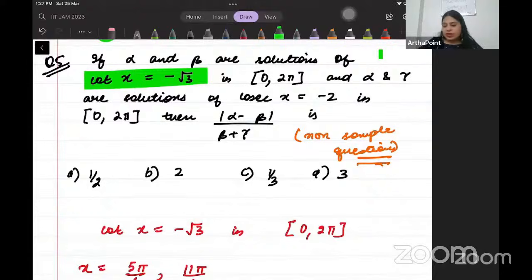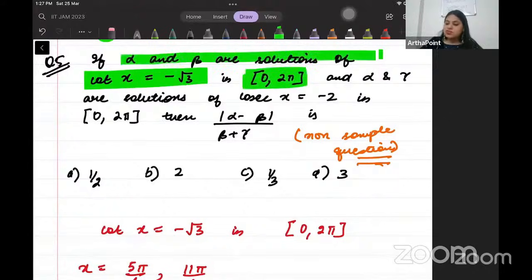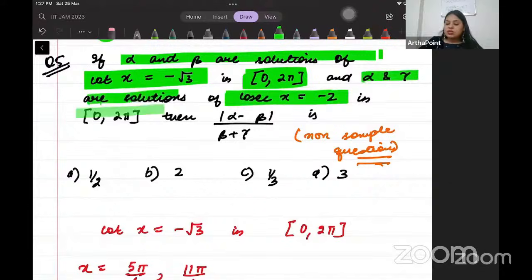Okay, let's go ahead and have a look. So it says cot x is minus root 3 in 0 to 2 pi, and alpha and beta are solutions of this. And alpha and gamma are solutions to cosec x being minus 2 in 0 to 2 pi. Then what is the value of this?